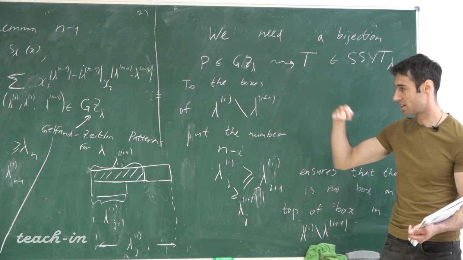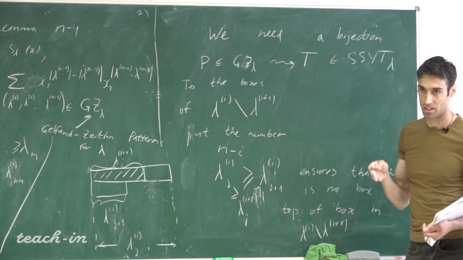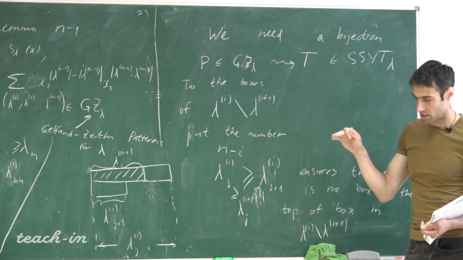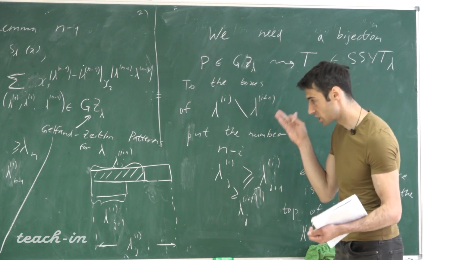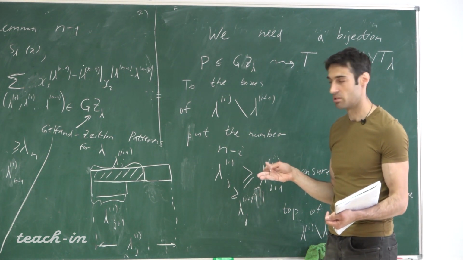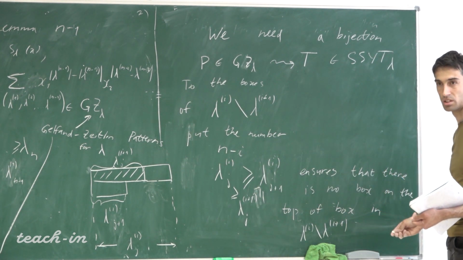And because you go step by step, it also increases. It increases by rows and columns. This is kind of clear, but why does it strictly increase in columns? Because of these conditions, because of what I illustrated.